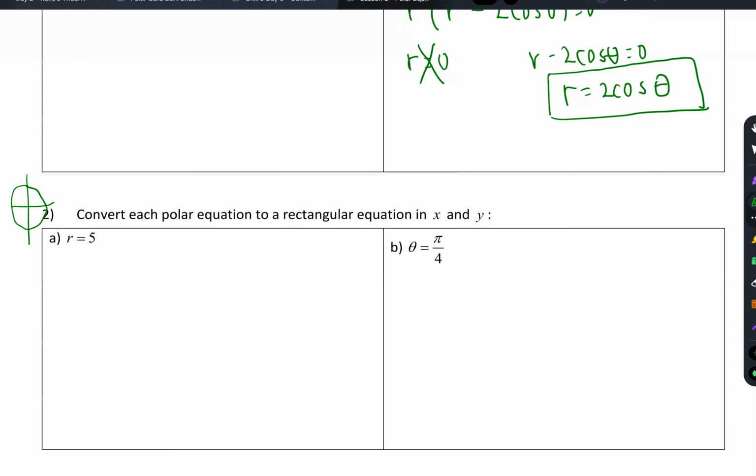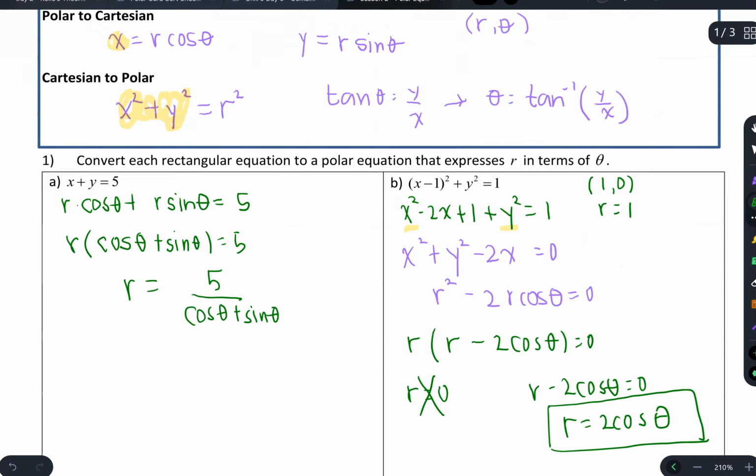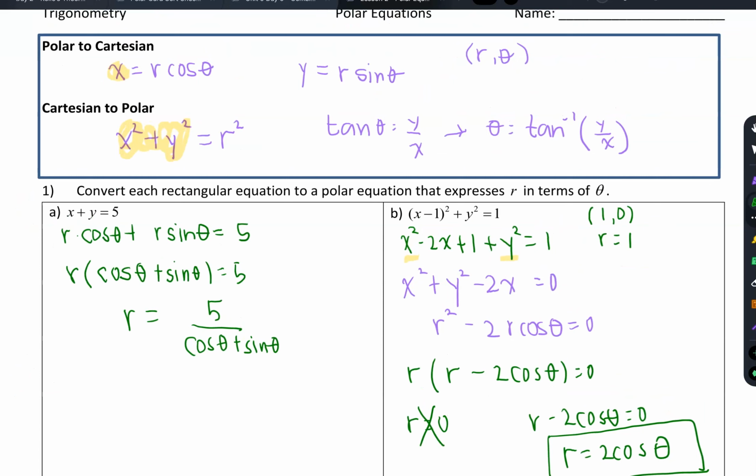So what happens to have an r? I'm going to erase these little highlights here. To have it in Cartesian points, then I need maybe an r squared, right?